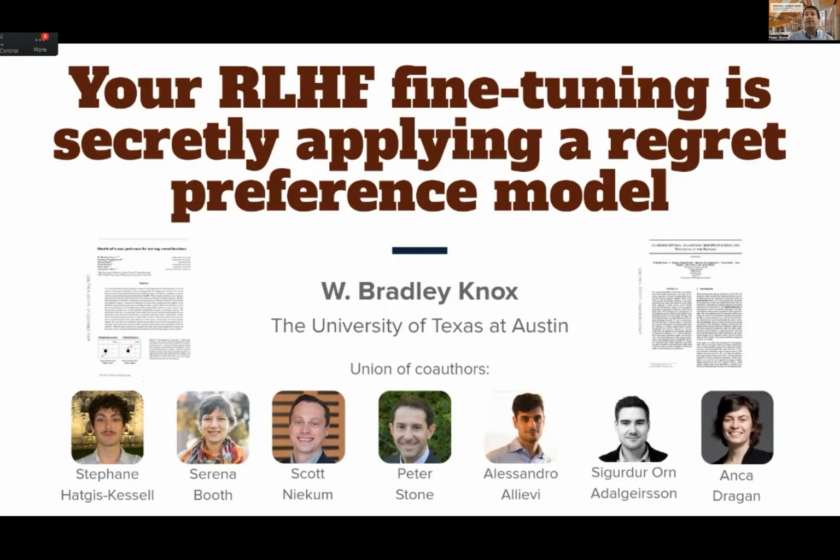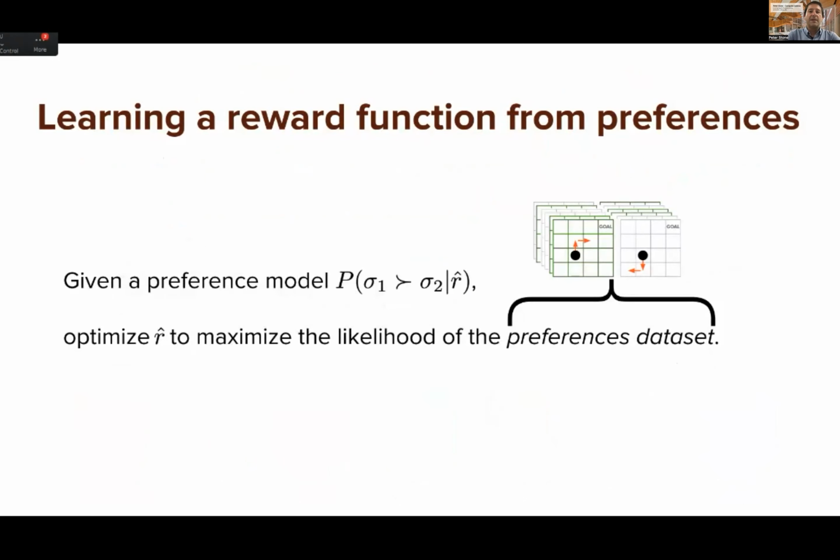That's how RLHF works for fine tuning large language models. The human is given a couple of different outputs and says which one they prefer. You get a large database of that, and that ends up being the task specification. There's no reward signal, there's no demonstrations, it's just preferences.